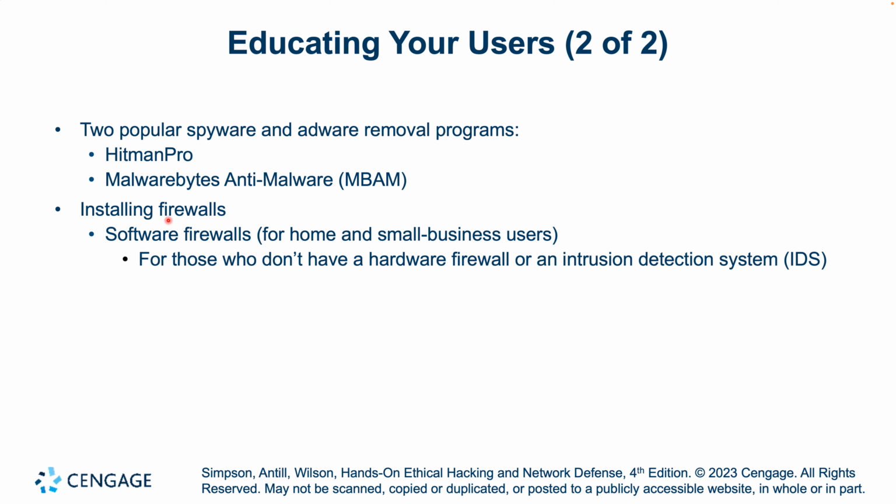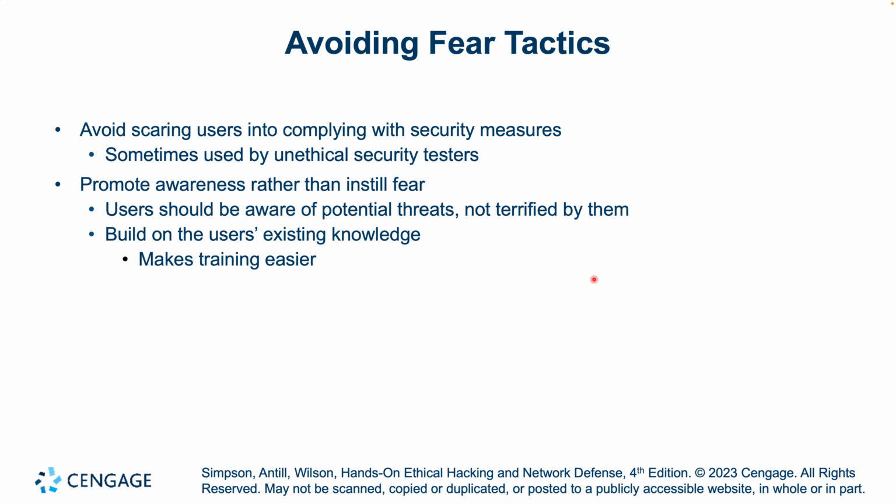Obviously, some people cannot afford buying a hardware firewall because it tends to be very expensive, or even installing a Trojan detection system because it requires technical background and knowledge to do so.